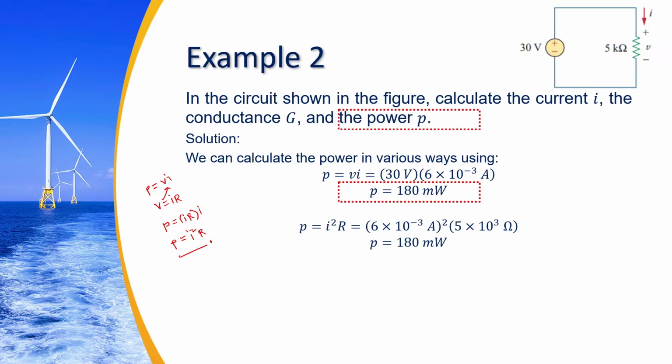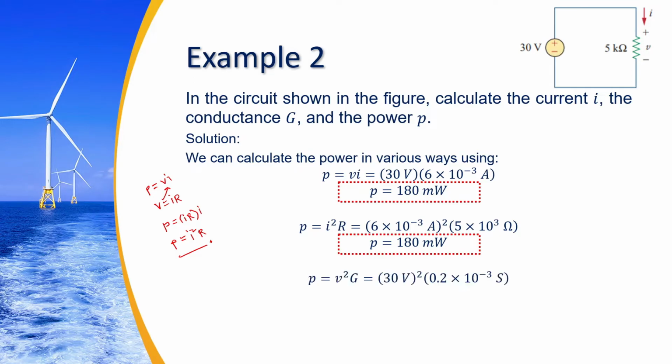Okay? So next, we have one more formula. So, how about in terms of conductance? The basic formula of power is voltage times current, right? Then we know that the current is voltage over R. Okay?